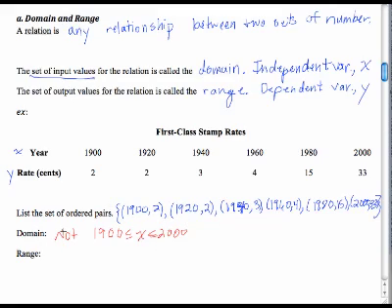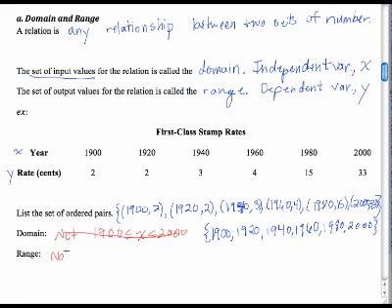So it's not that. Instead, you would actually have to list them all out. The domain is 1900, 1920, 1940, 1960, 1980, and 2000.